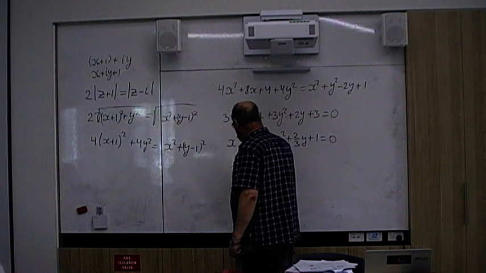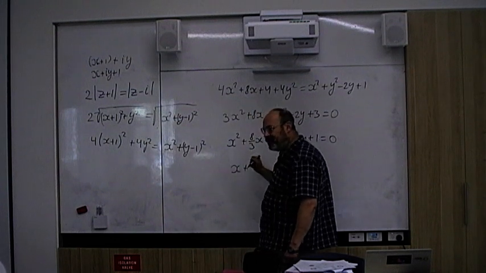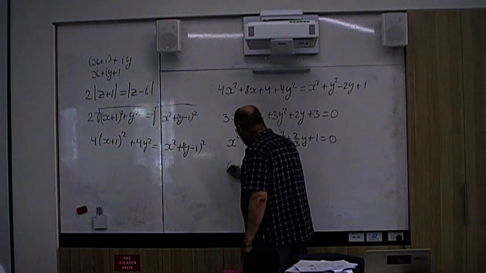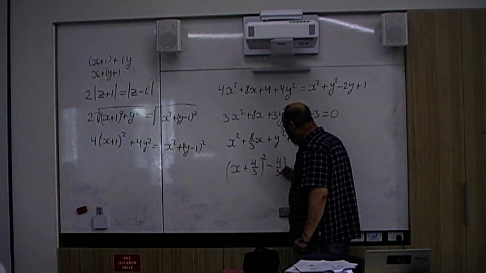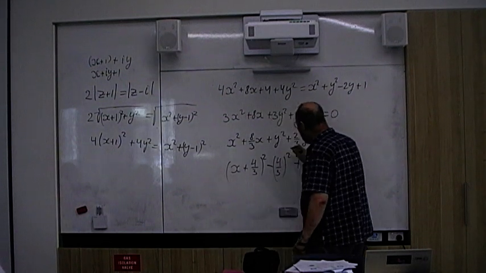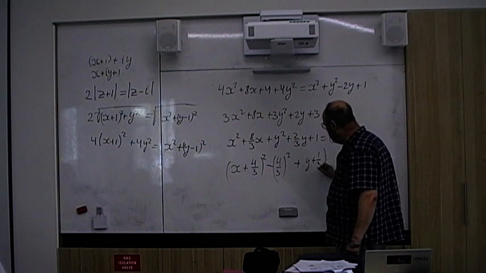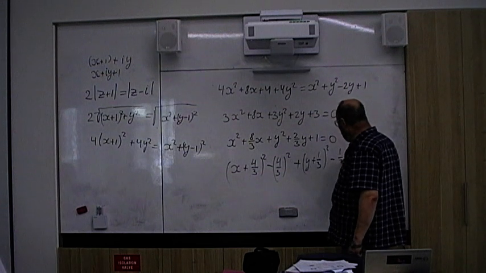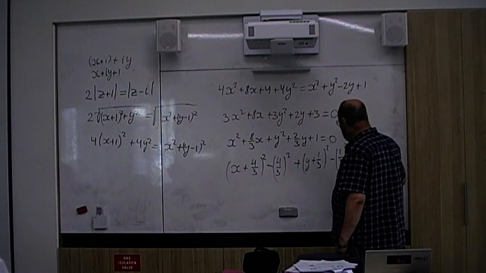We get x plus, half of 4 on 3, plus 4 on 3 squared, minus 4 on 3 squared, plus y plus 1/3 squared, minus 1/3 squared, plus 1 equals 0.